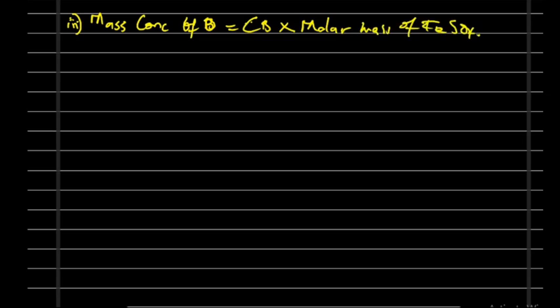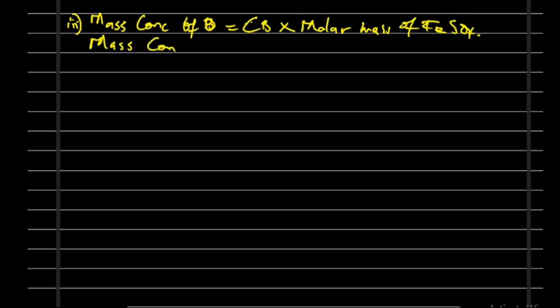The mass concentration of B equals CB times the molar mass of iron sulfate.